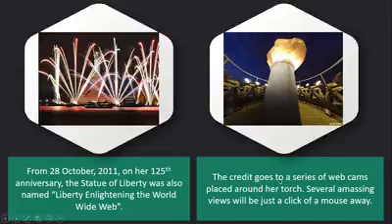The credit goes to a series of webcams placed around her torch. Here we find a series of webcams which is placed around her torch.